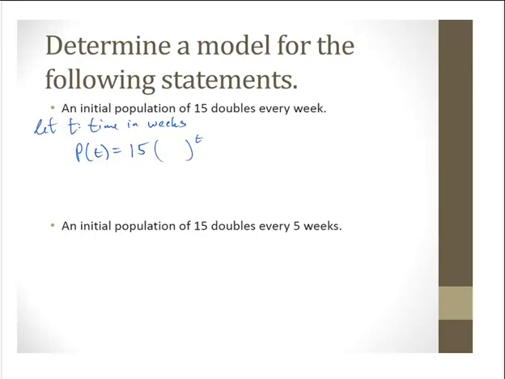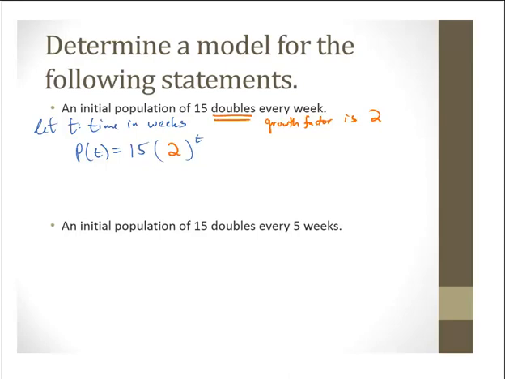Now, what's the base? Well, it doubles every week, so that means the growth factor is 2. Doubling is multiplying by 2. So we'd have 15 times 2 to the t power.